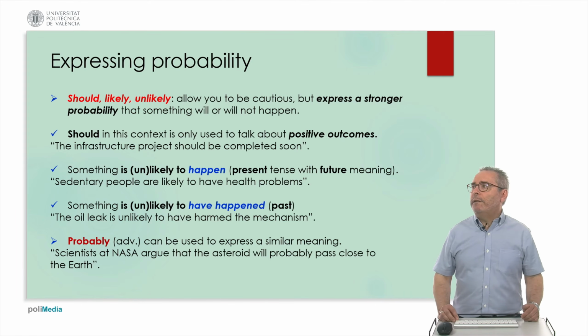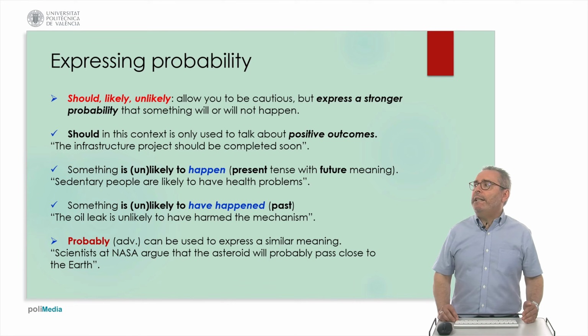And here we have some other expressions. Because something is likely or unlikely to happen, it refers to the present or the future, that is, the present tense. For example, sedentary people are likely to have health problems. Or, referring to the past, we have the expression that something is likely or unlikely to have happened, with a perfect tense.